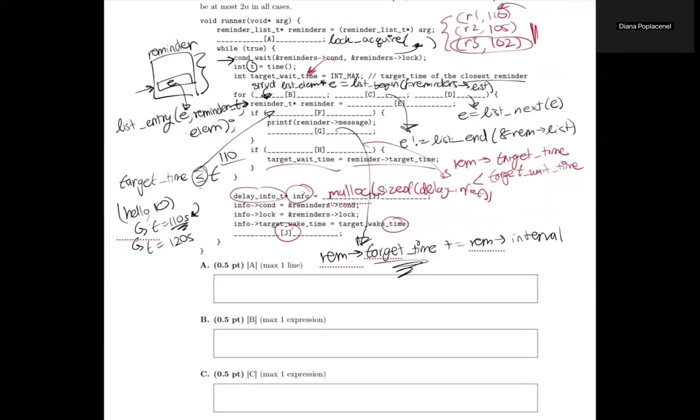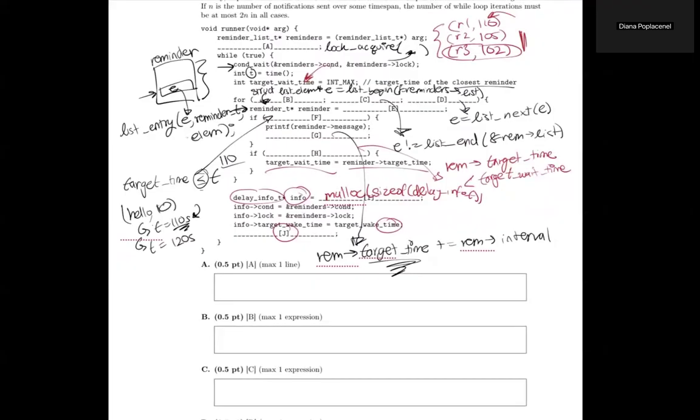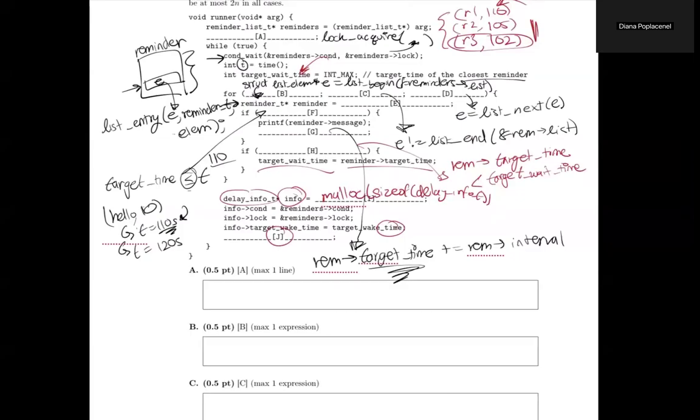But we can take a step back and now see, despite this horrendous writing, runner is going to continuously iterate through all of the reminders, print any reminders that need to be printed based on the current time step, update any target times for messages that have been printed, and based on those updated times, find the next time that we should wake up to print a reminder message.